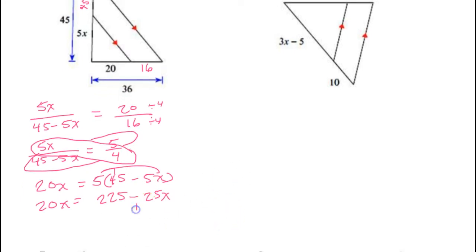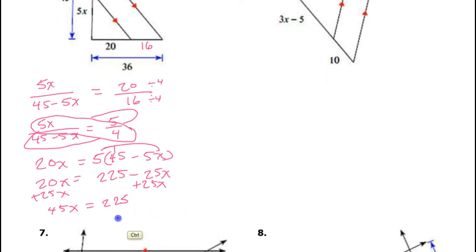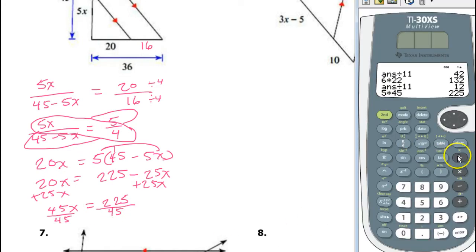Then you would add 25x to both sides. So that is going to give me 45x is equal to 225. Of course, then I will divide both sides by 45. And that is 5.